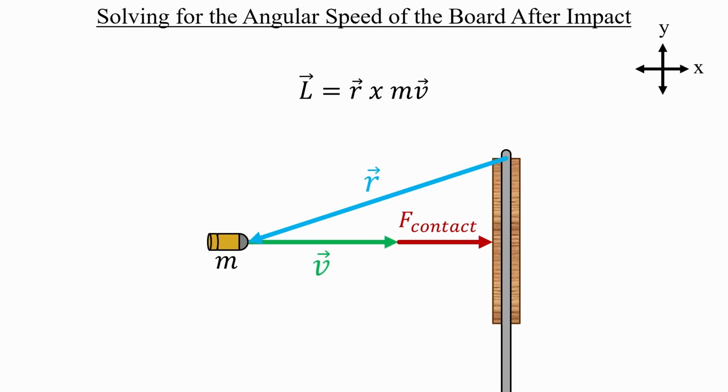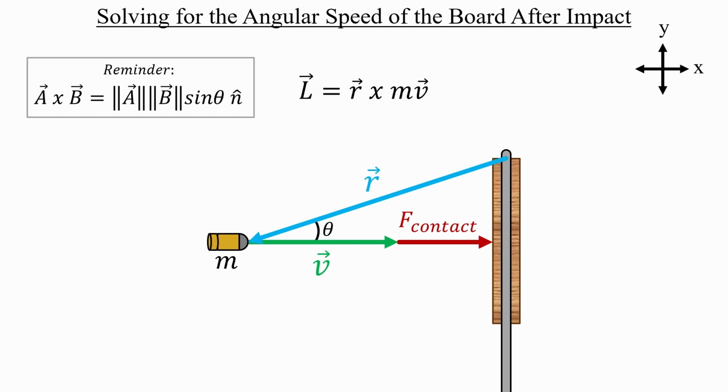Now, since the position vector and the velocity vector are not perpendicular to one another, we can't use the same approach as we've done before. Instead, let's take a moment to review a helpful reminder. This says that the cross product of any two vectors can be found by multiplying the magnitudes of the two vectors and the sine of the angle between them.